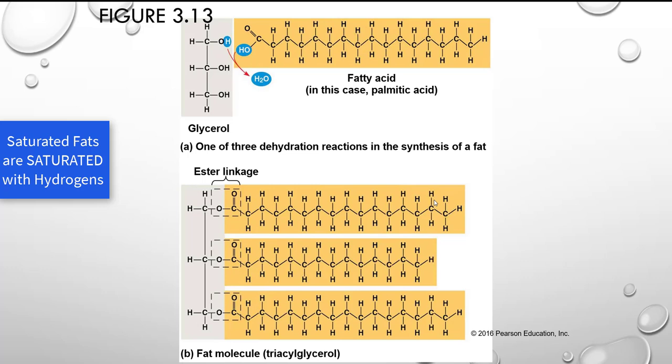If it's saturated with hydrogens, meaning we have carbons single bonded to other carbons and then single bonded to hydrogens, there's no room for any additional hydrogens here. So it's saturated with hydrogen. So this is an example of a saturated fat.